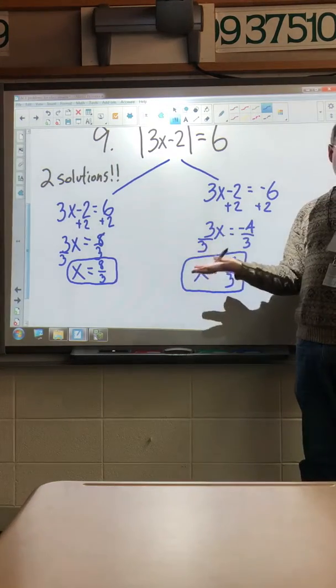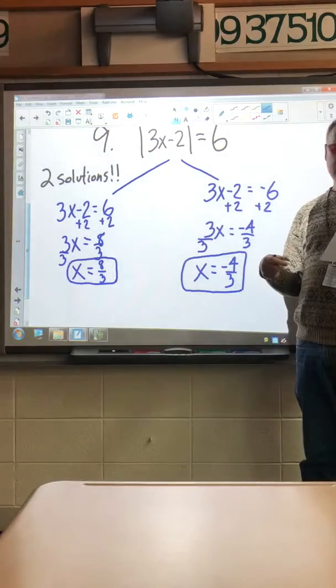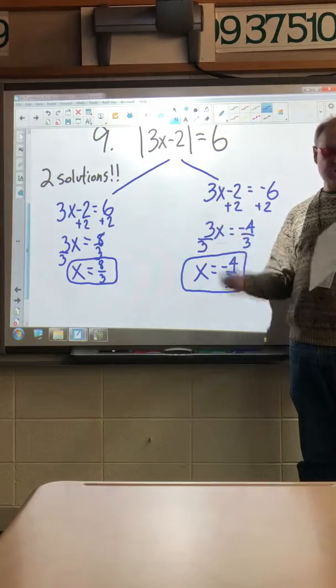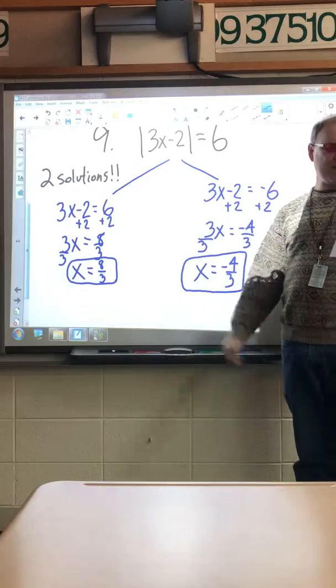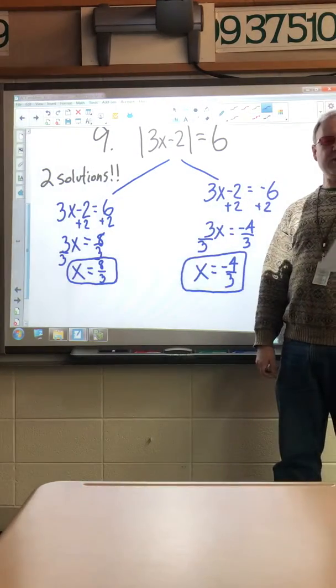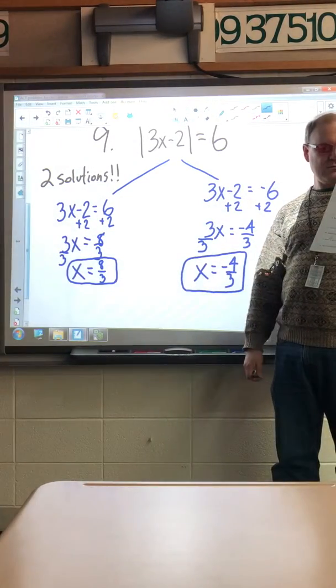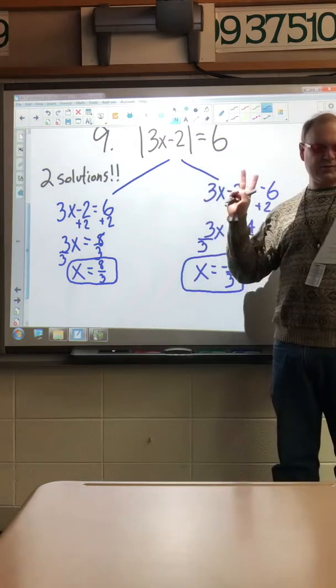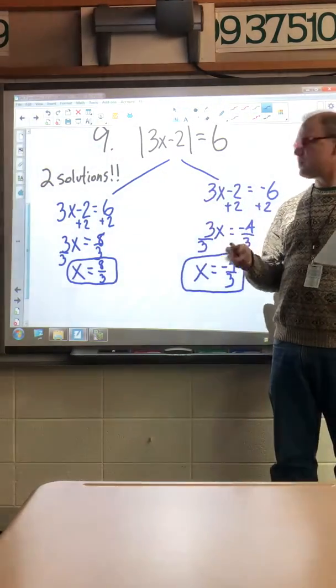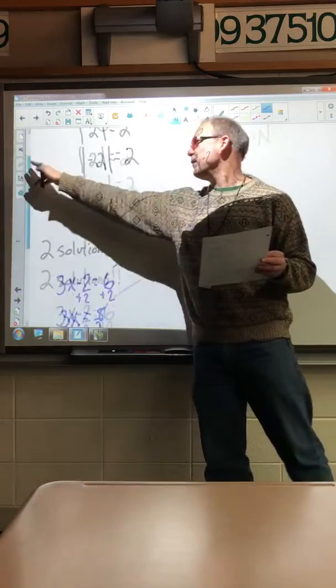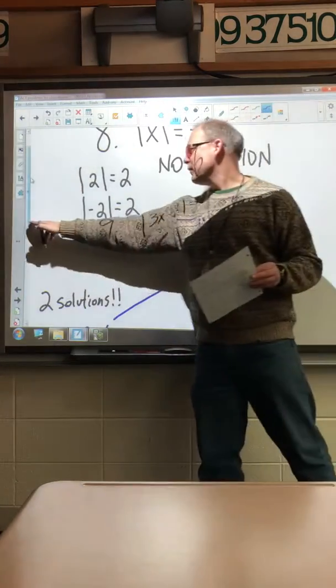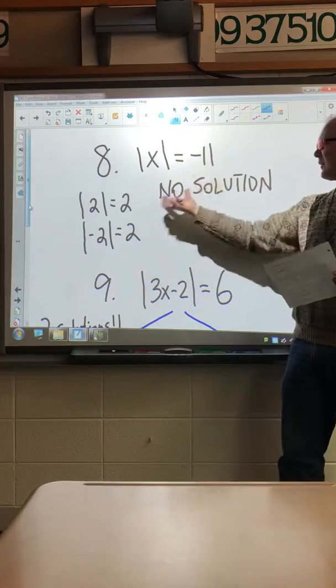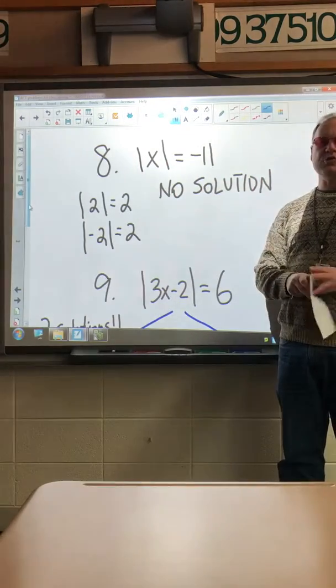So problems like number 9, number 10, those have 2 solutions. Just like number 7 had 2 solutions. Most of you got 2 solutions for number 7. So those absolute value problems, where you're solving for x, have two solutions. Unless it's something like number 8, if you have absolute value equal to a negative number, then there's no solution.